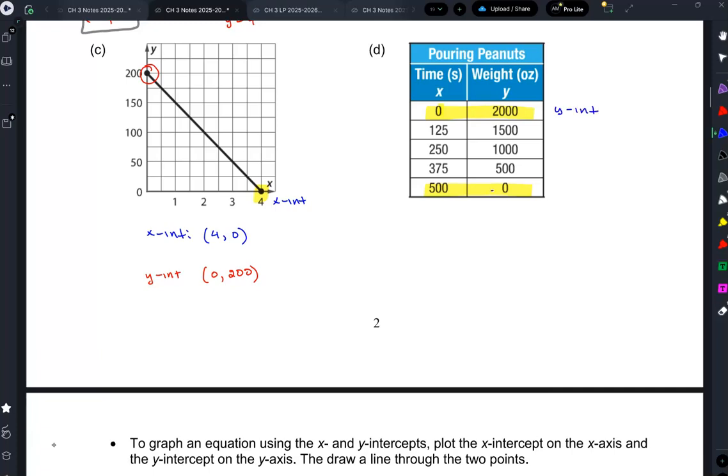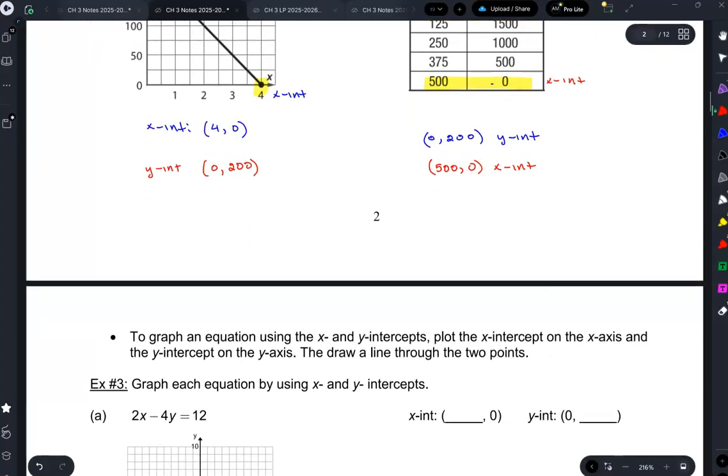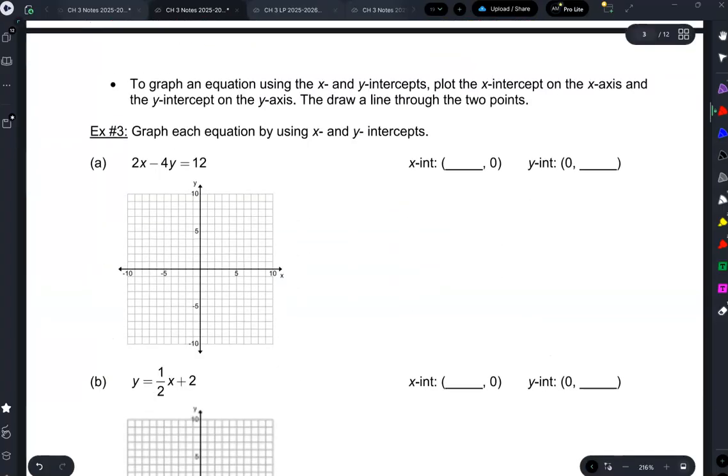For this one, when y is 0, this is the x-intercept. So the y-intercept is 0, 200. The x-intercept is 500, 0.